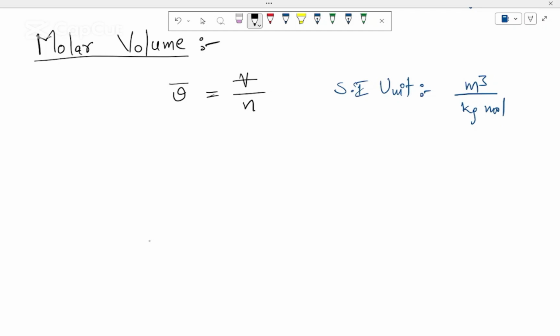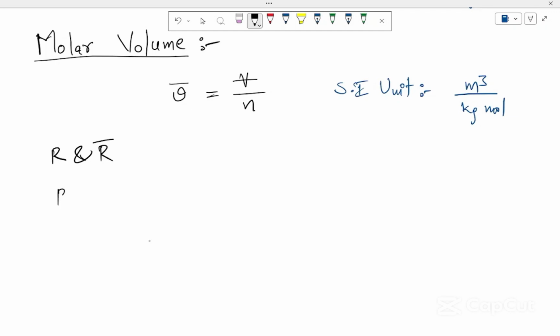Before we go to the forms, I must tell you the difference between R and R bar. Let's see this first and then go to the ideal gas equation.